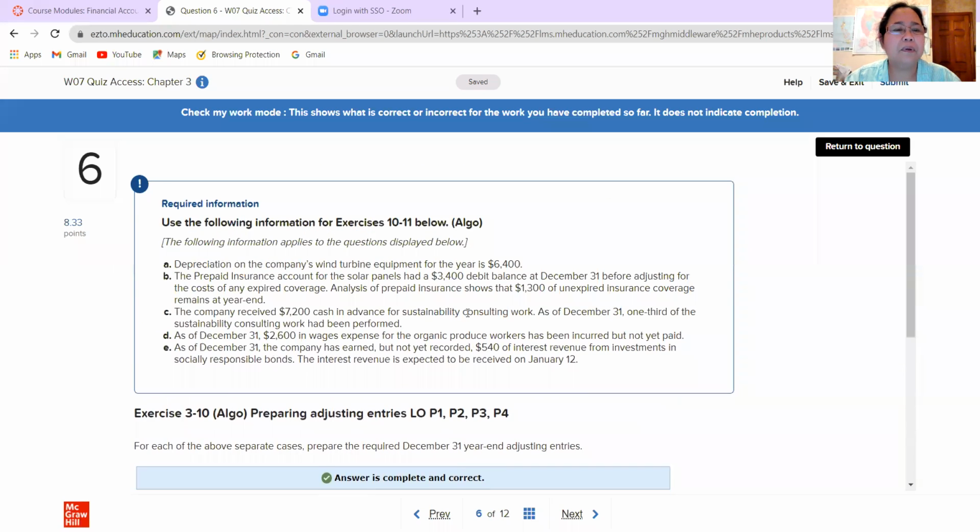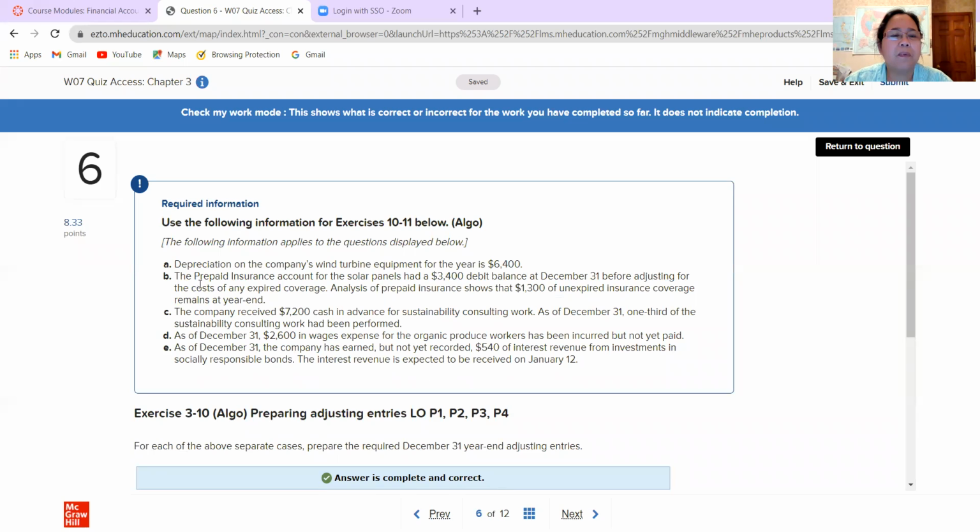And then number 2, it says the prepaid insurance account for the solar panels had a 3,400 debit balance at December 31st before adjusting for the cost of any expired coverage. Analysis of prepaid insurance shows that 1,300 of expired insurance coverage remains at year end.